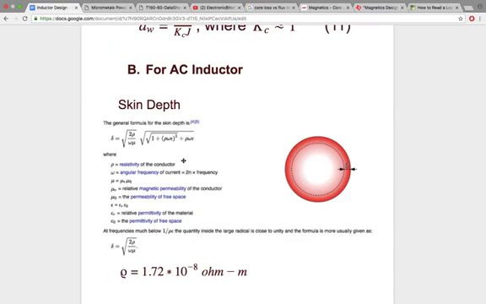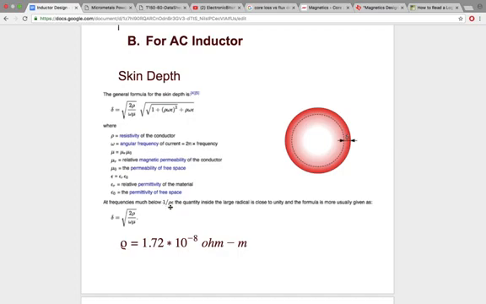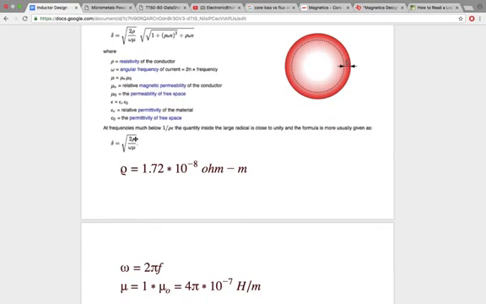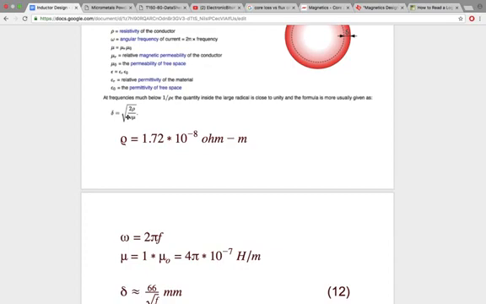The general expression for skin depth is given by this, but for frequencies less than 1 by rho epsilon, we can assume this term as 1, and the general skin depth formula reduces to this form. Here rho is the resistivity of the conductor, omega is the angular frequency, and mu is the permeability of the wire.